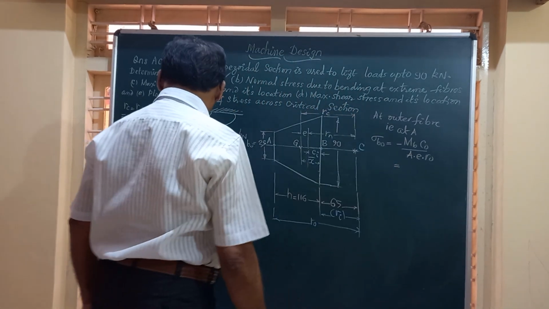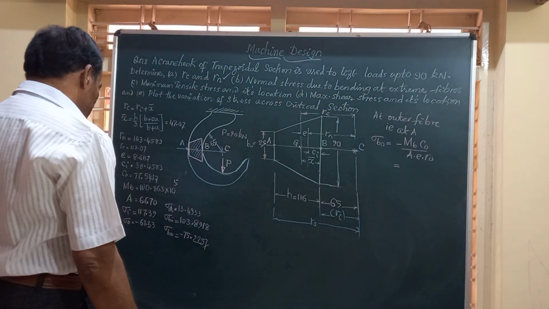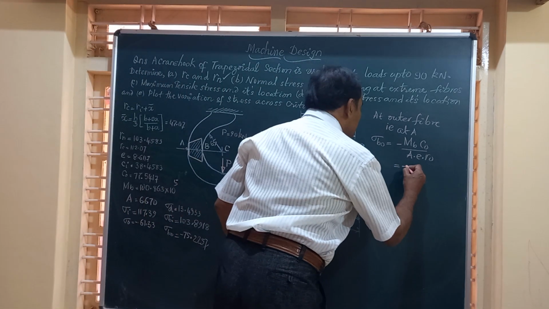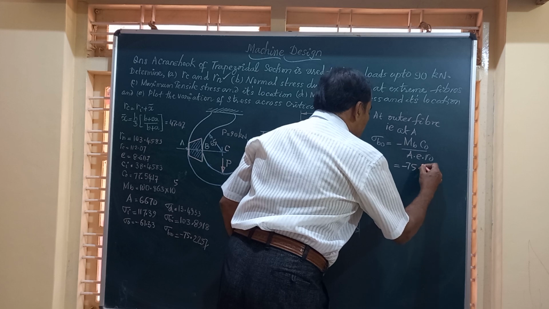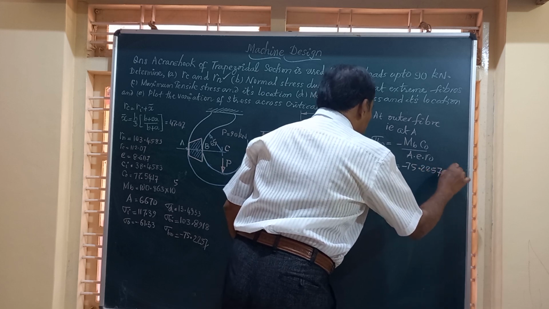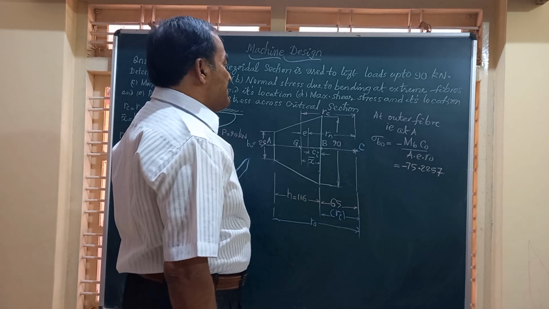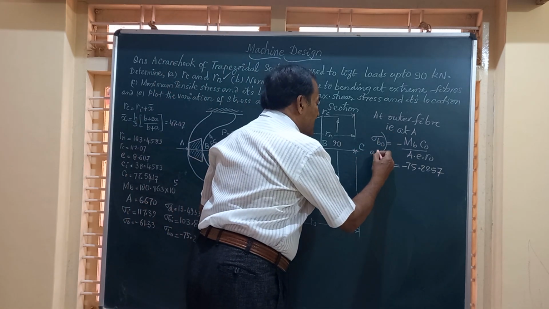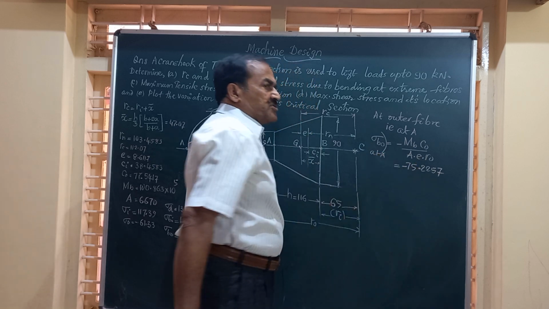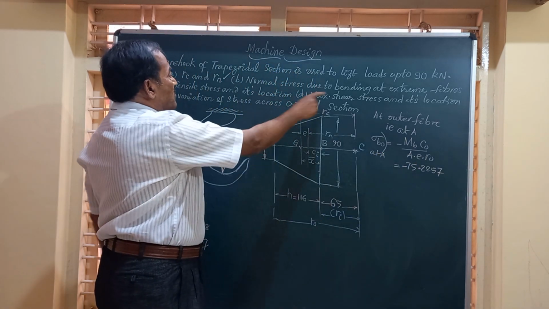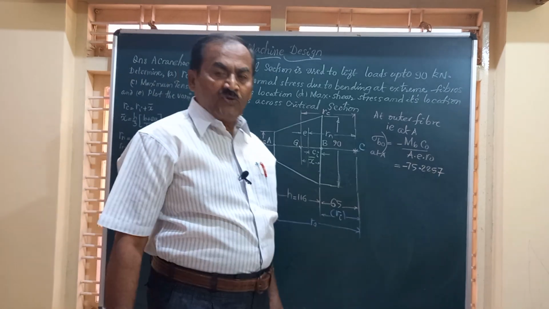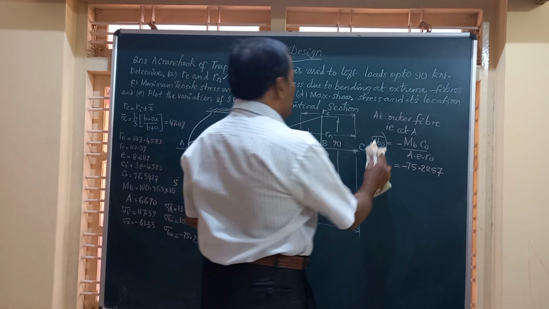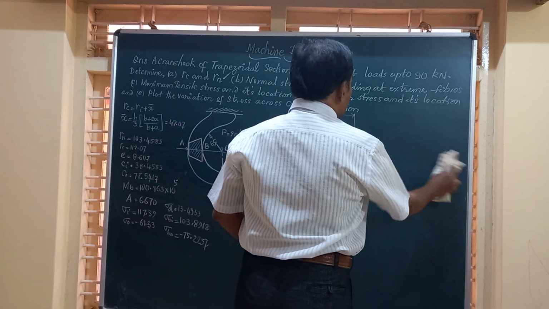Substitute them and you will get this value of sigma B naught as minus 75.2257. Minus 75.2257 is the value of this normal stress due to bending at the outer fiber, that is at A. So we have found out what is the value of normal stress due to bending at the inner fiber, that is at B, and also at the outer fiber.